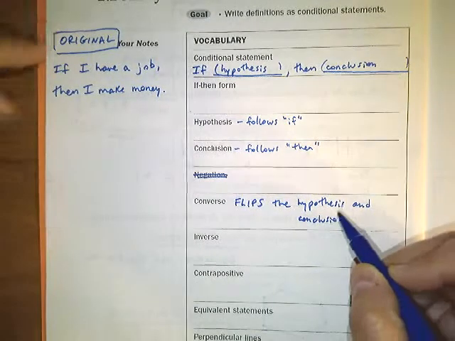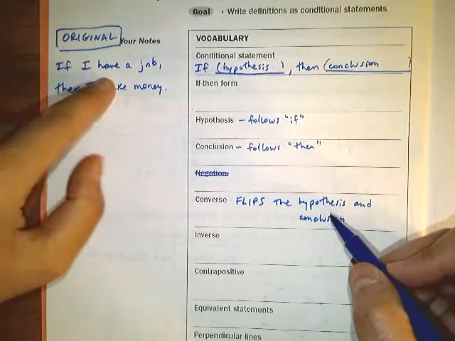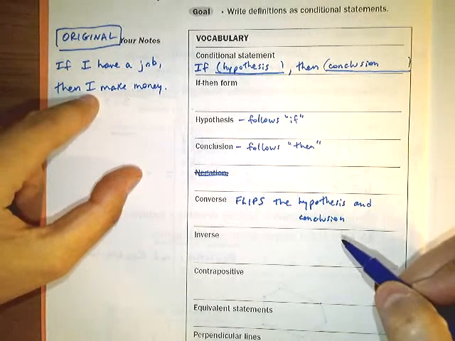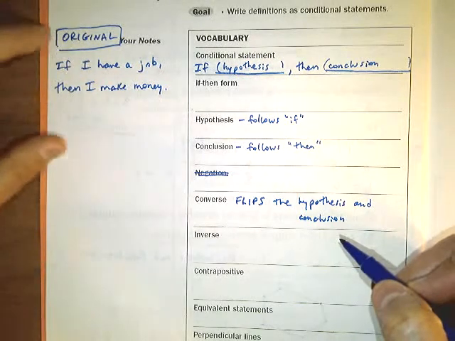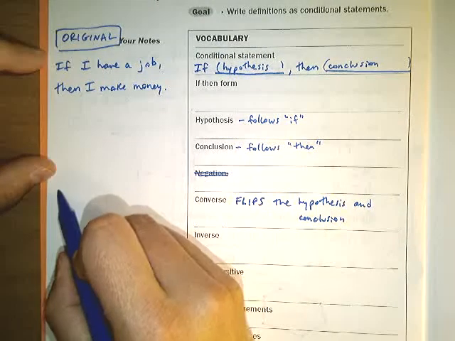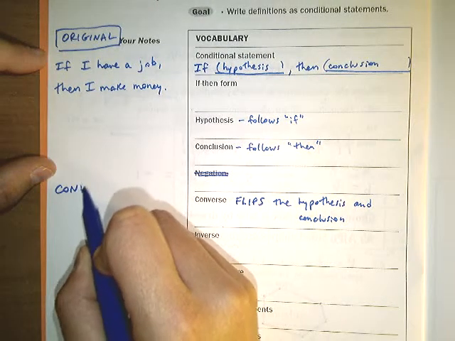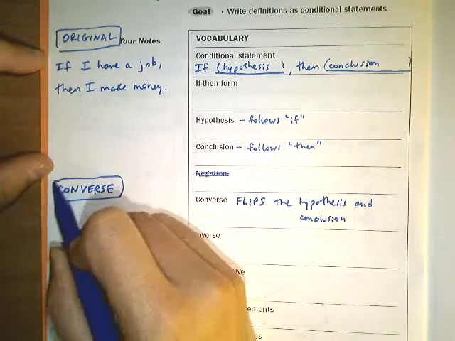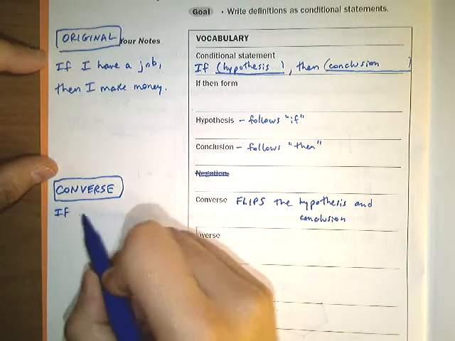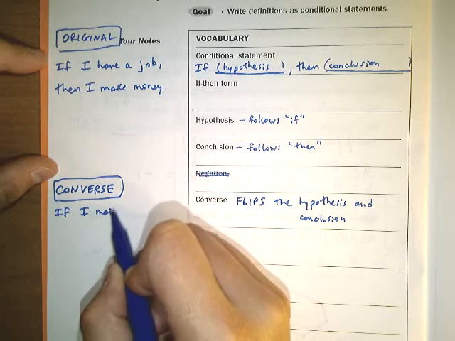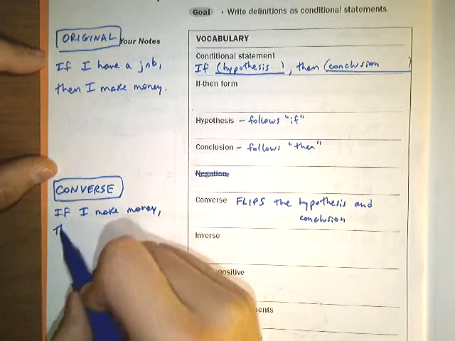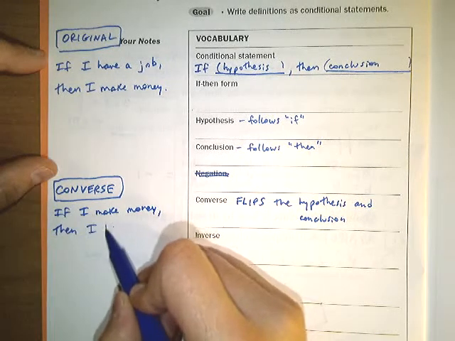So if this was my original statement, my hypothesis is I have a job, and my conclusion is I make money. If I flip those two, the converse would be: if I make money, then I have a job.